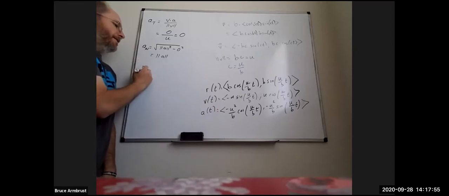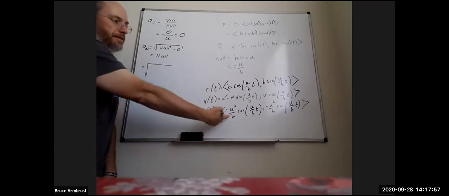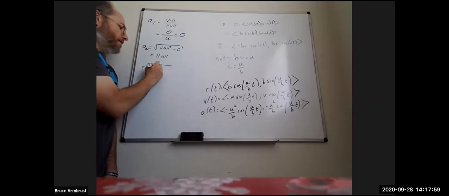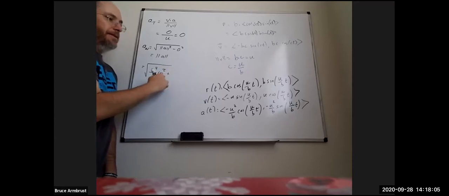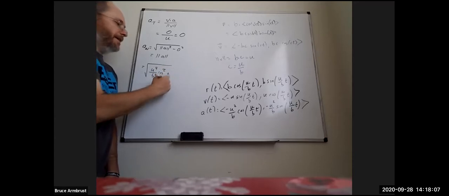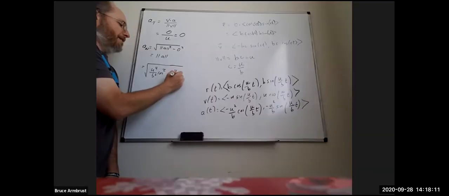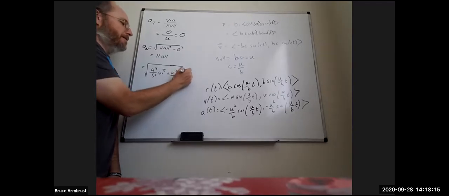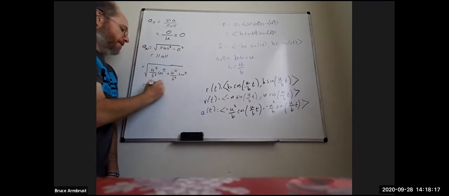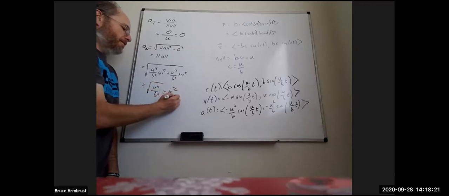So the magnitude of a is going to be the square root of this thing squared, u to the 4th over b squared times cosine squared. I'm going to be lazy and not write all the stuff in the cosine because I don't really care. Just u squared over b, right? And so then if we do the other one, we get u to the 4th over b squared times sine squared, which of course is the square root of u to the 4th over b squared, which is u squared over b.